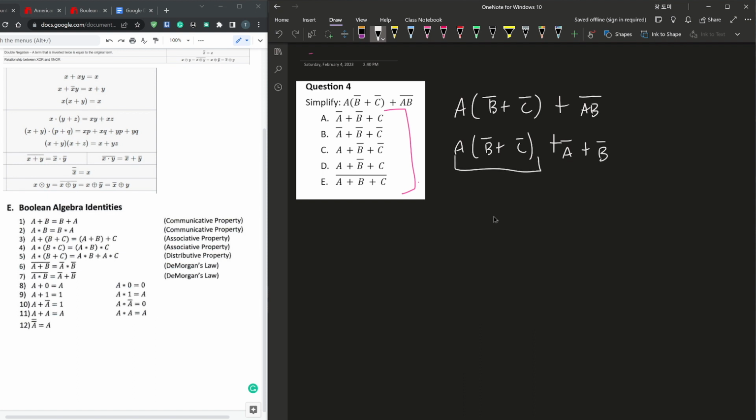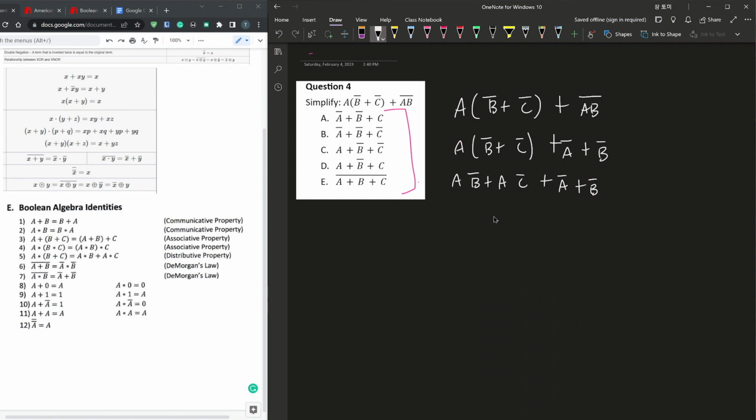That's the only thing I can see here, so that's what I'm going to do. A not B plus A not C plus not A plus not B, because that's going to give me a lot of overlapping variables, and if we have overlapping variables, we can use absorption laws.